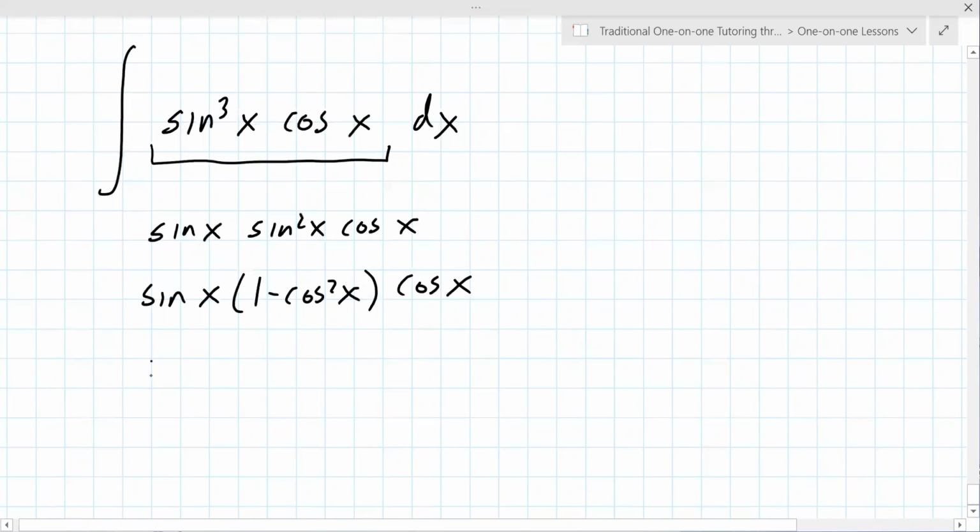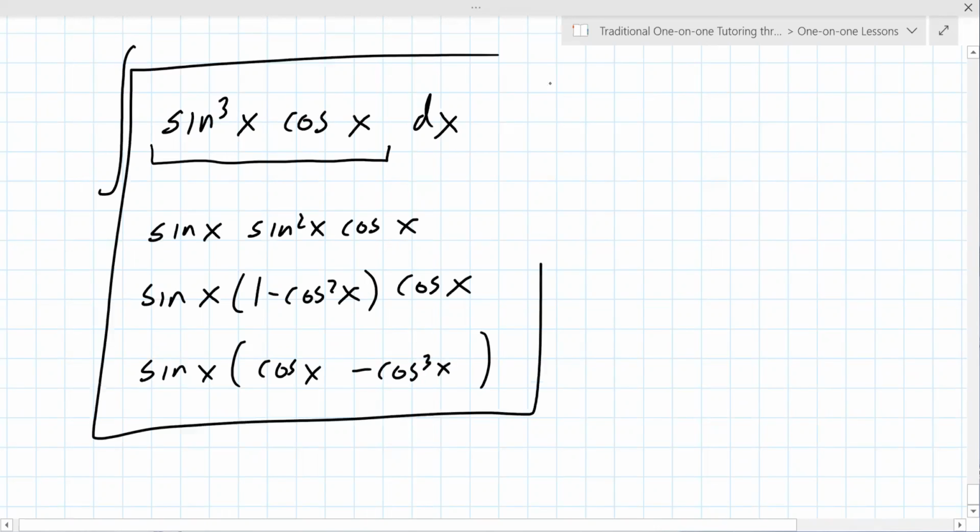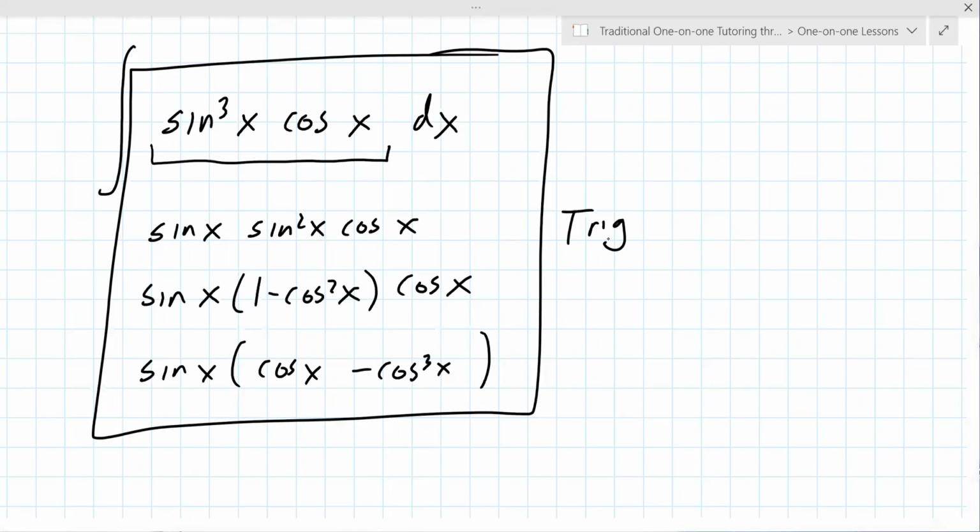And then you do some other things here, but you end up getting cosine x minus cosine cubed x. All of this that I did is not calculus. This is trig. This is the class you're taking right now. And you're going to take calculus, and calculus 2 someday, I'm predicting. This is why you're learning it.